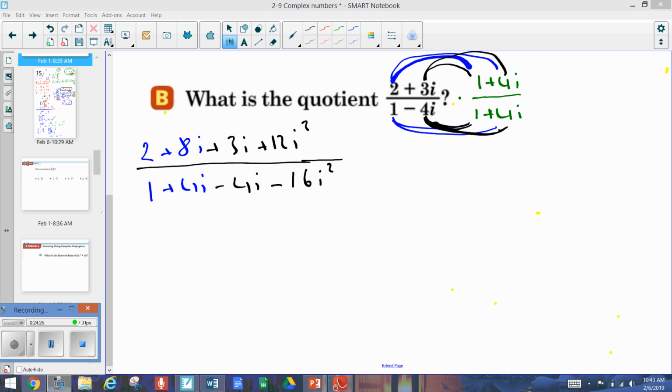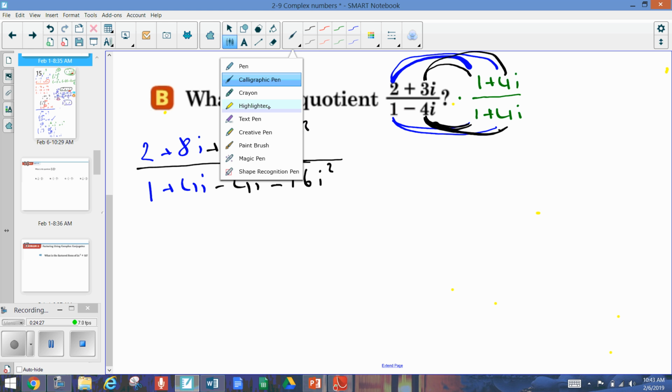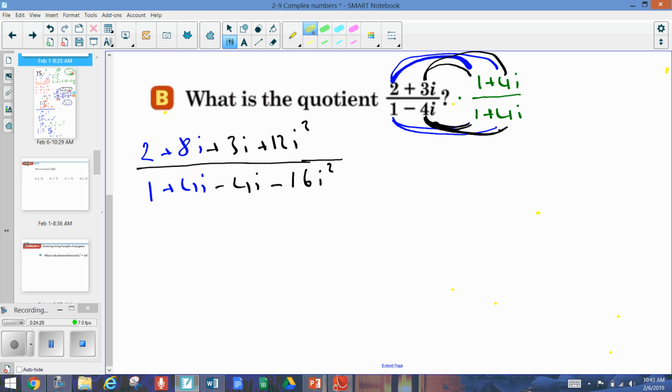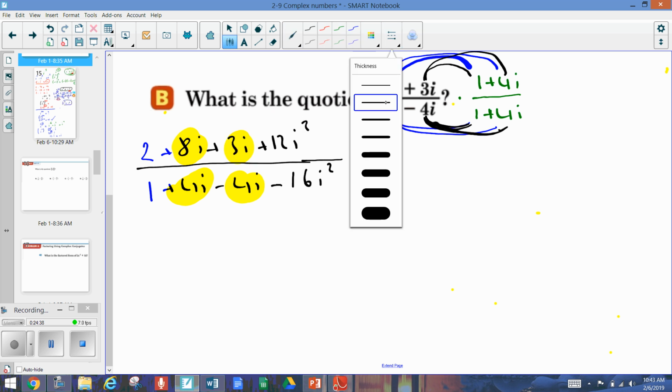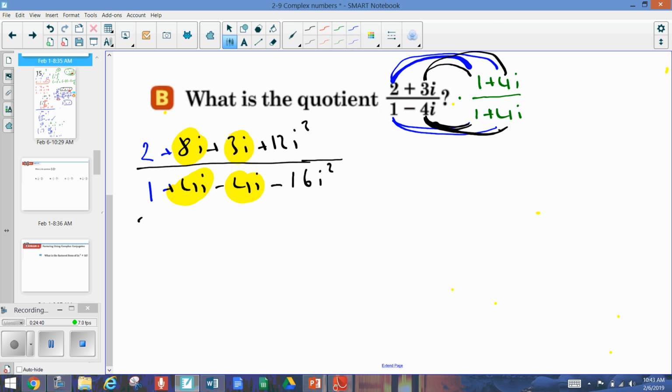After that, we're going to solve like terms. Those are like terms. And then let's see what's going to happen. 2, 8i plus 3i plus 12i squared. What is that?